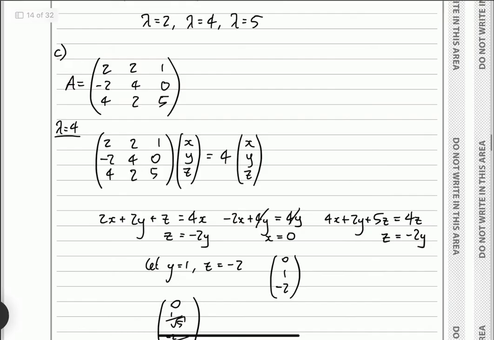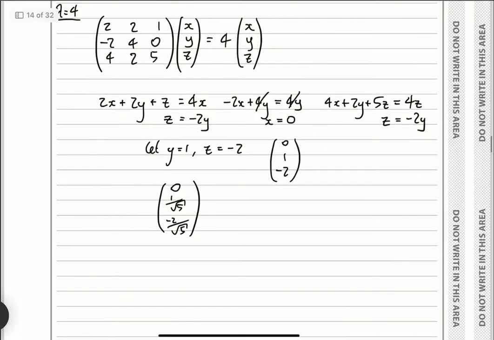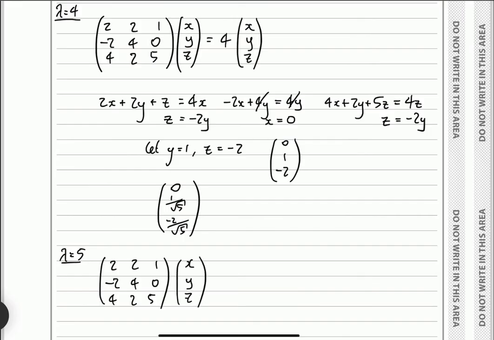I have to do the same thing all over again for lambda equals 5. So it's the same matrix, obviously. We're still using x, y, z, but this one will give us 5 times x, y, z.